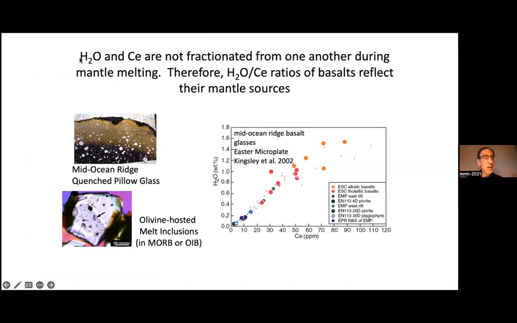There's no particular fundamental reason why this would be, but empirically we find that water and cerium behave the same during partial melting. Here's an example from a particular place just off the East Pacific Rise, where as the water concentration changes, the cerium concentration changes with it, such that the water-cerium ratio does not change. This has been observed many, many times for basalts, which means that if we know something about the cerium concentration of a source, we can also know something about the water concentration of the source.